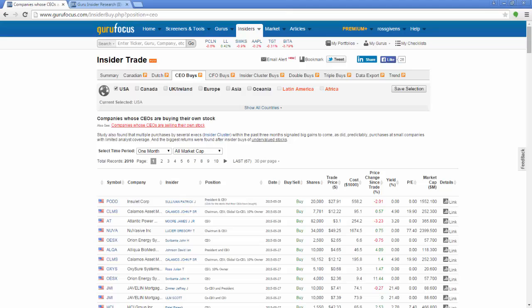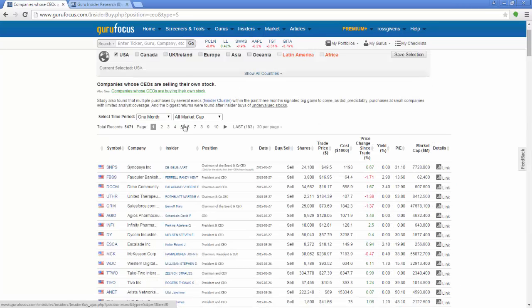Now, on the other side of things, again, we mentioned that insider selling is not necessarily a terrible sign unless it's just massive selling by multiple people. But any time you're on one of these pages, there's usually a link at the top to what the CEOs are selling. So this is all showing buys down here, but we can quickly click the red link there and take me to the insider sells.